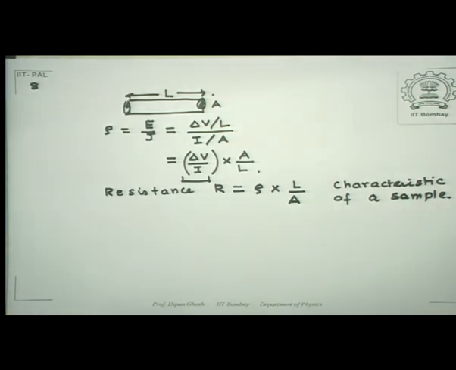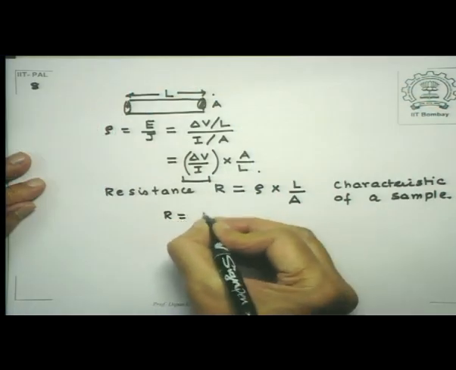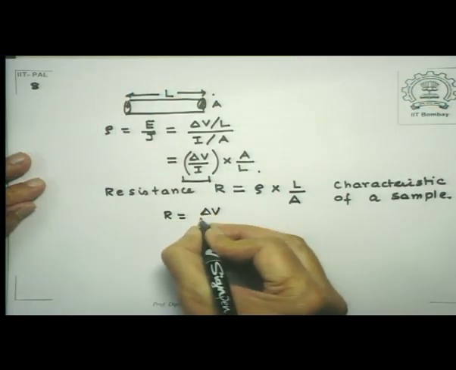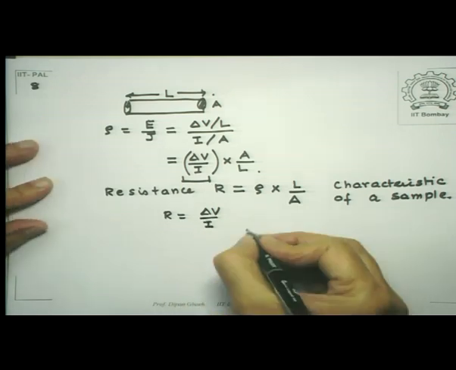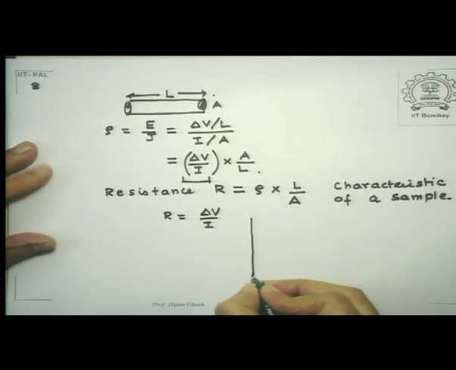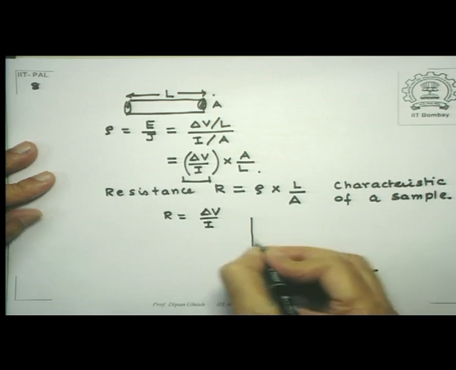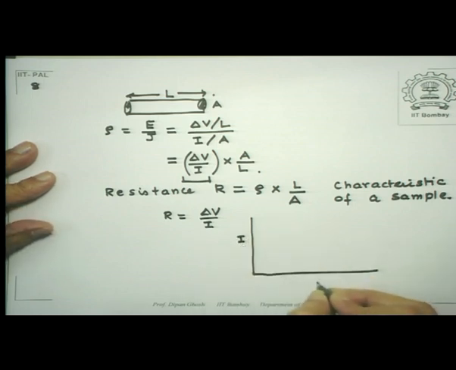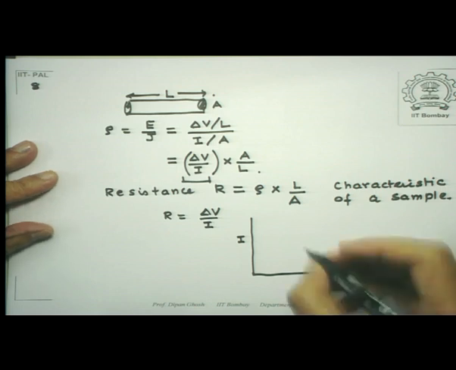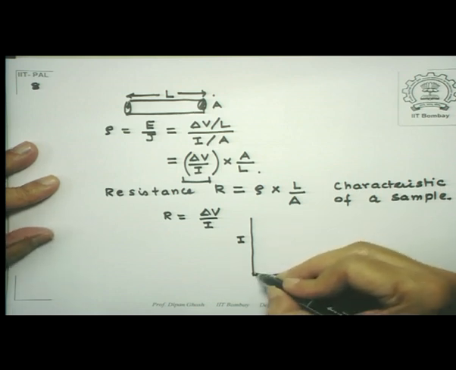So, you notice that resistance of a sample is directly proportional to its length and inversely proportional to its cross sectional area. And this R, which we have defined as the applied potential difference divided by the current, if you plot this current as a function of delta V, you find this is essentially a straight line.